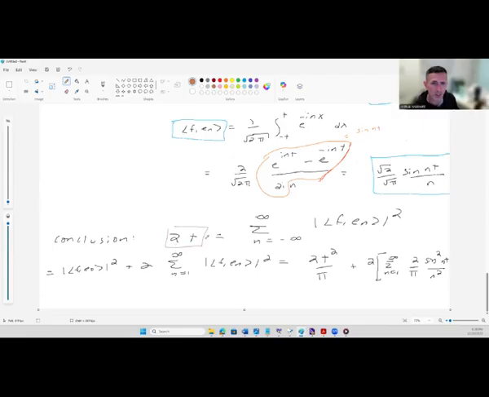2t for t between 0 and pi is equal to this. And of course, just bring in a 2, it's going to be 4.